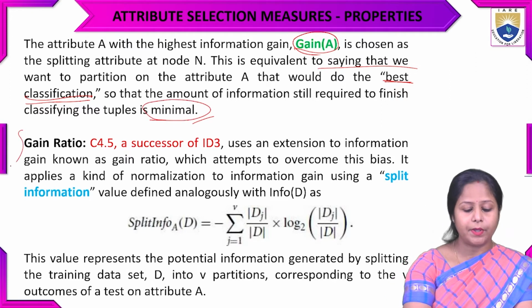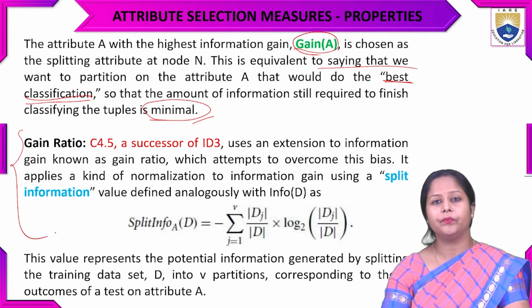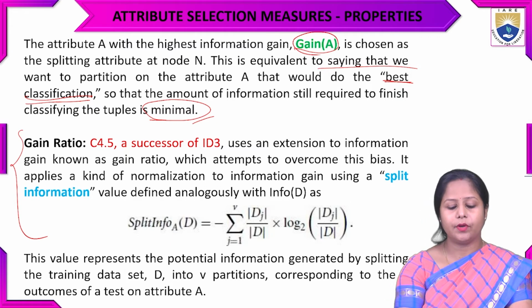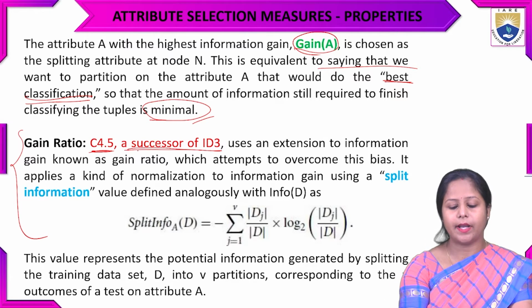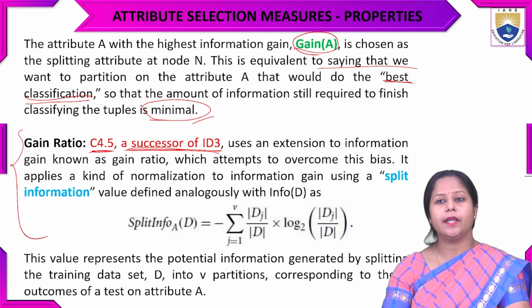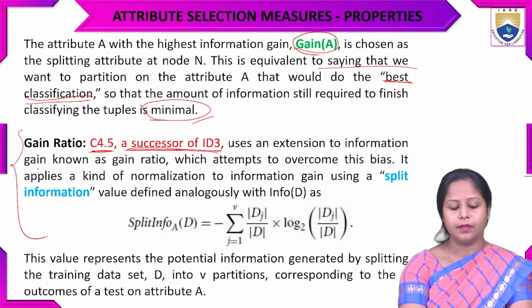The second property is gain ratio. C4.5, a successor of ID3, uses an extension to information gain known as the gain ratio.